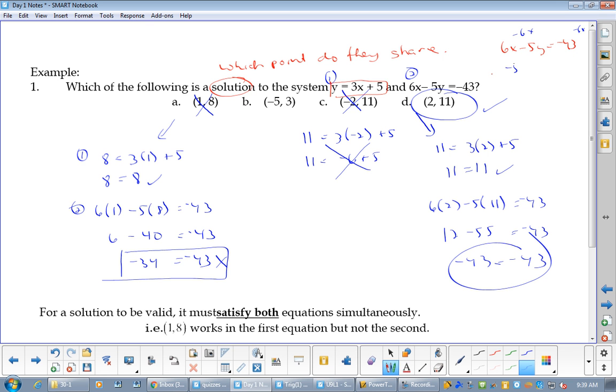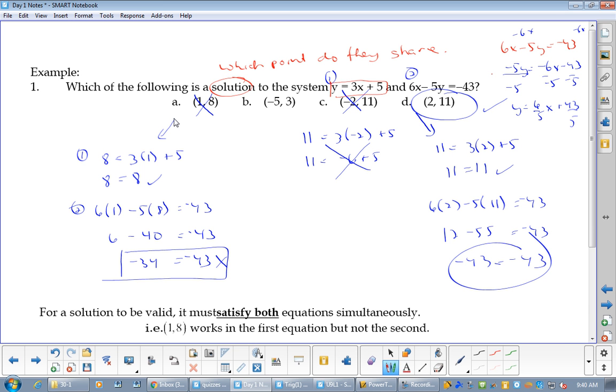So I'll get negative 5y equals negative 6x minus 43. And then I have to divide by negative 5. So y will equal 6/5 x plus 43 over 5.